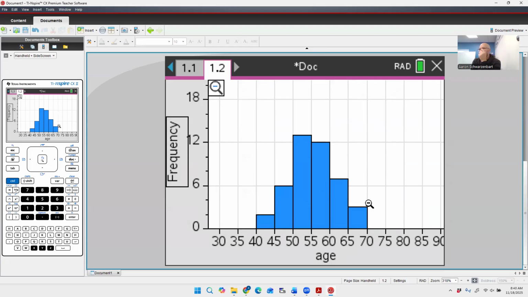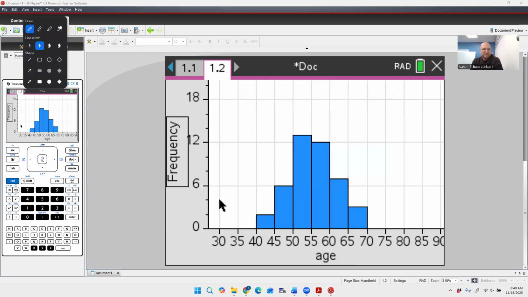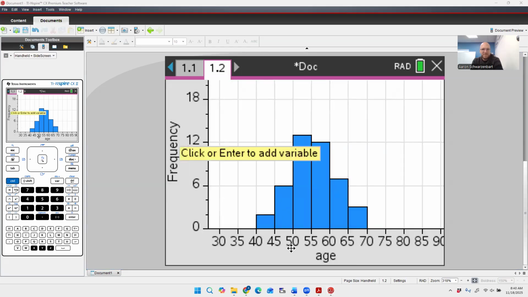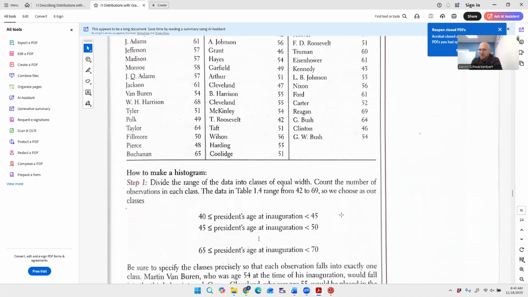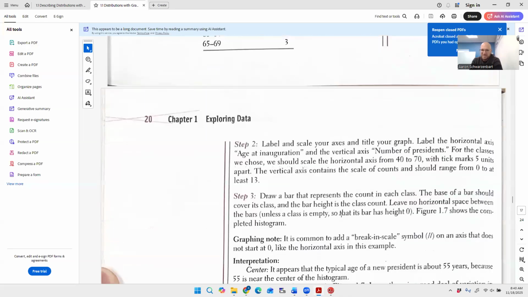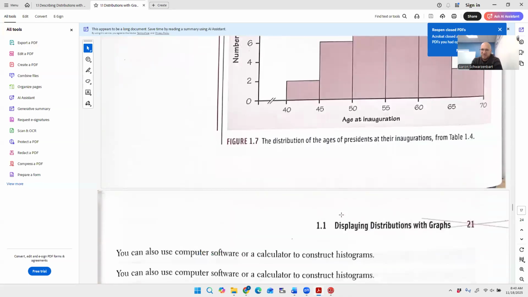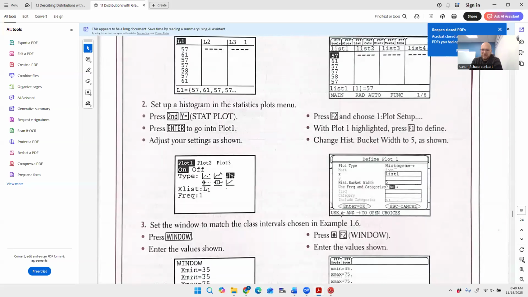Shapes we're going to talk about are symmetric, skewed left, and skewed right. Oh, is this a bell curve? The bell curve is symmetric. It does not have to be a bell curve to be symmetric, but that is generally what we call symmetric.